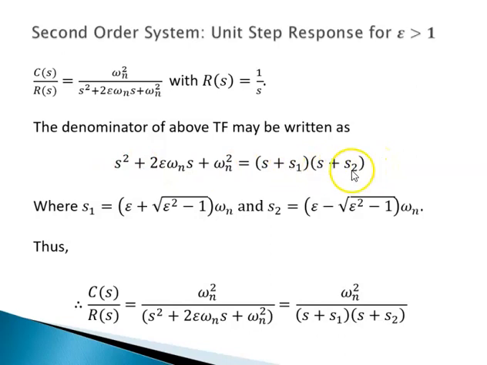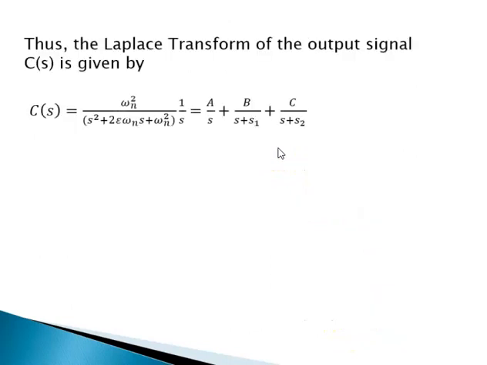You can see s1 plus s2, this is positive, this is negative, they cancel, and you have 2 epsilon omega n. Similarly, s1 s2 is omega n square. So the transfer function can be written as omega n square by s plus s1 multiplied by s plus s2.